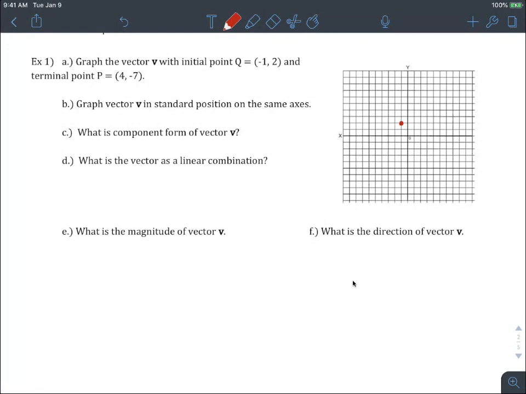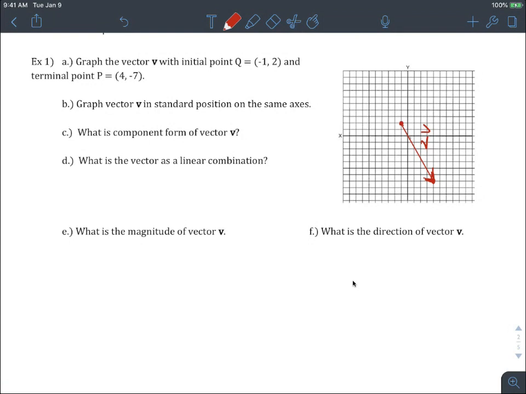Okay, that's my initial point. And then our point P is at 4, and down 1, 2, 3, 4, 5, 6, 7. Since this is a directed line segment, it goes from the initial to the terminal point. It's really important, and it gets an arrow. Okay, and this is vector v.